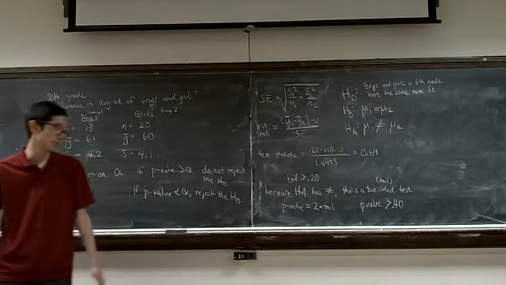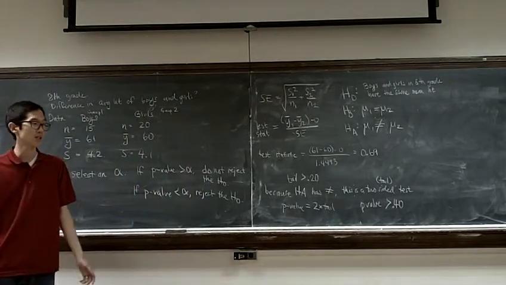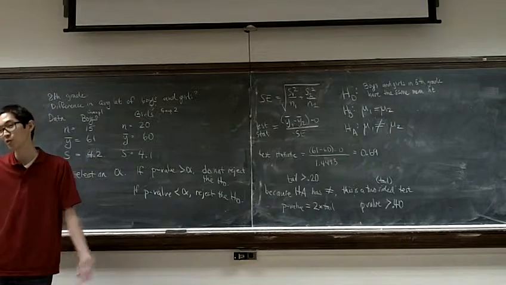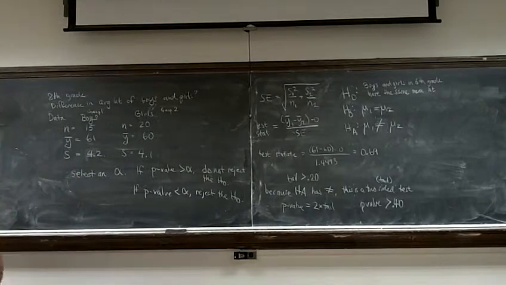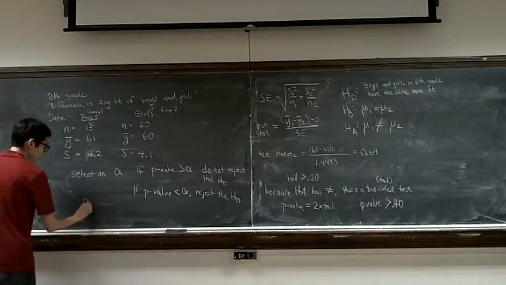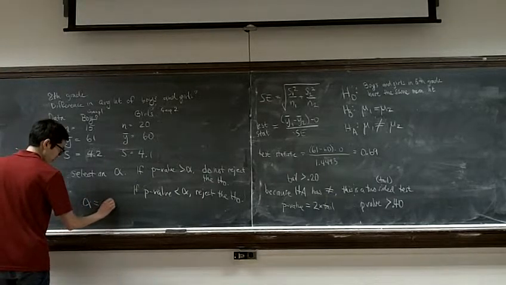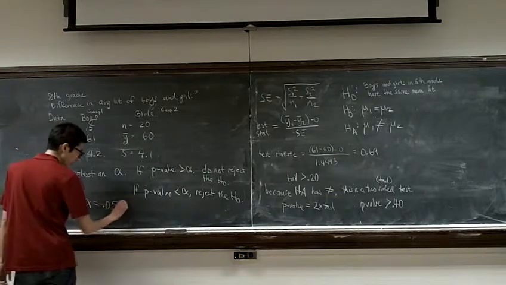Or if you selected a large alpha, you would say a 2.7% probability is small. It depends on your choice of alpha. The most common choice for alpha is 5%. Alpha equal to 5% is the most common choice.